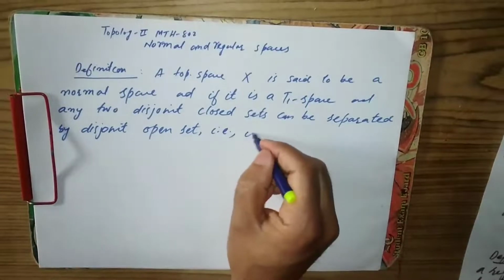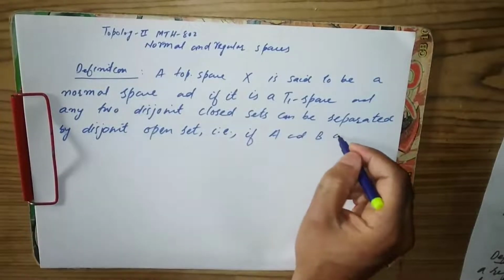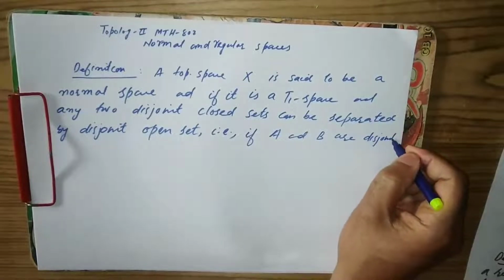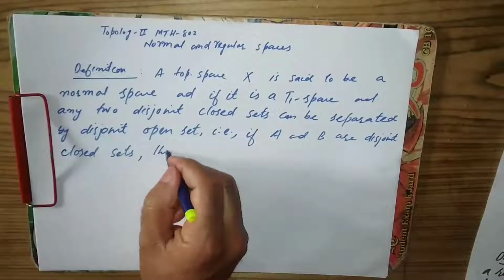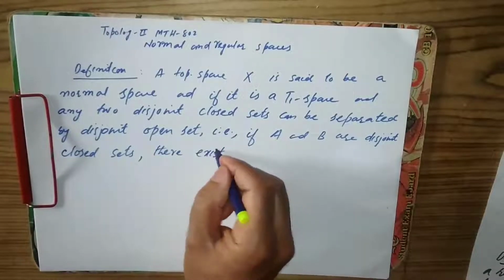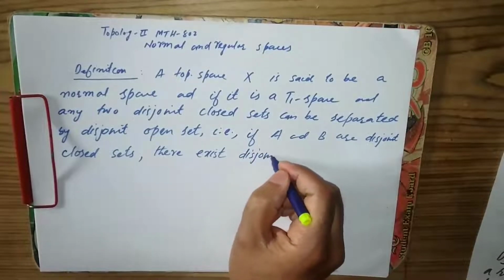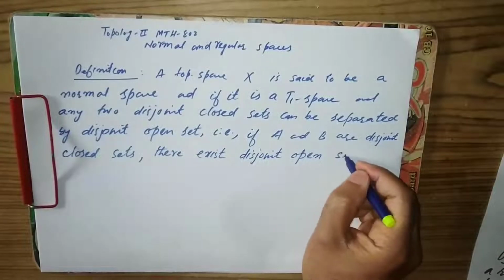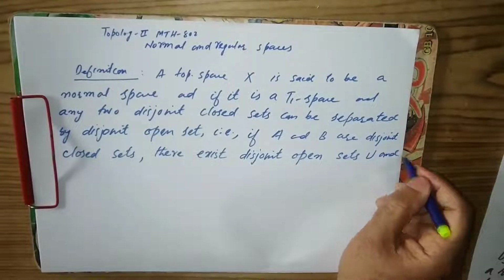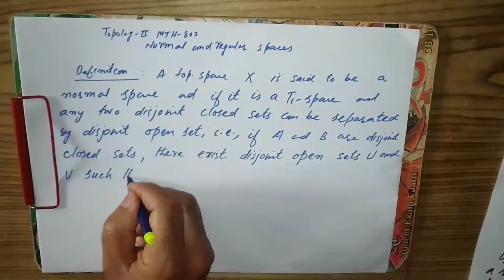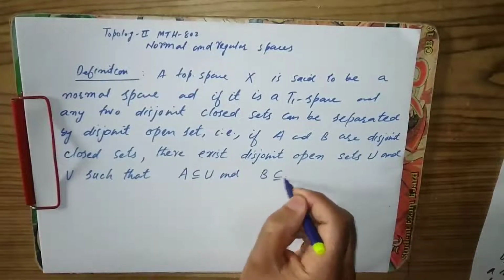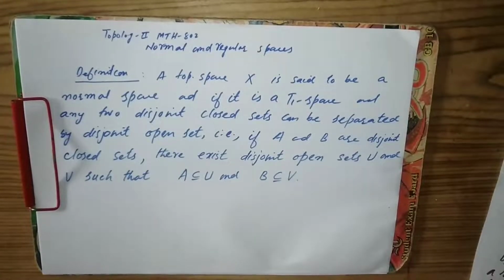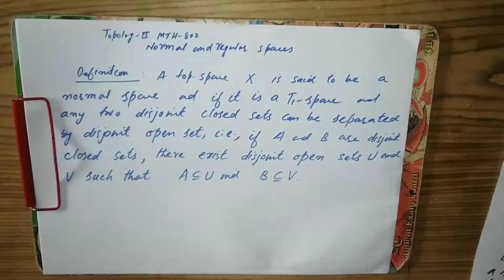That is, if A and B are disjoint closed sets, then there exist disjoint open sets U and V such that A is a subset of U and B is a subset of V. So a normal space is first a T1 space, and any two disjoint closed sets can be separated by disjoint open sets.